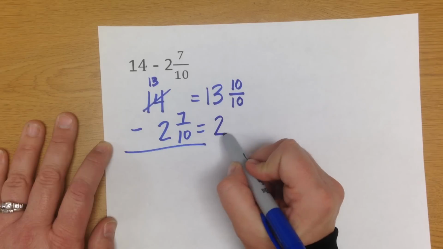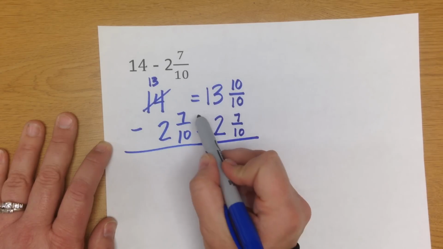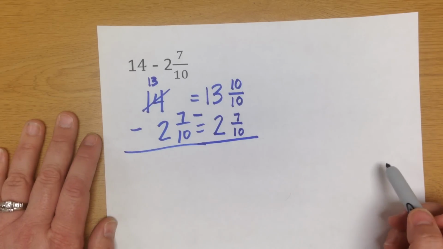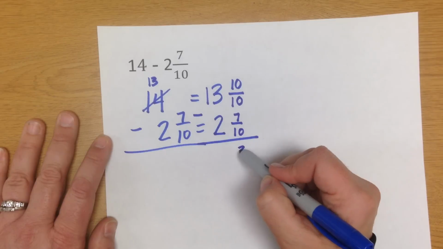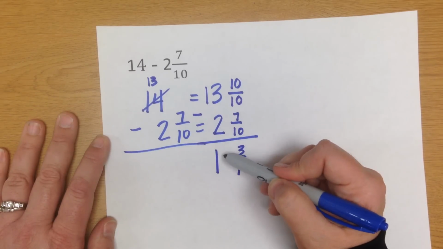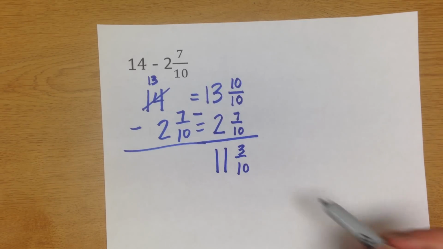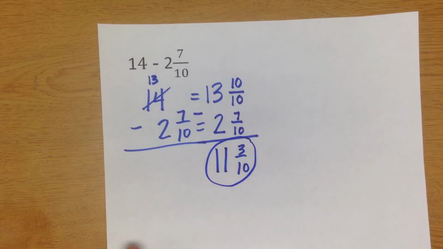I'm going to recopy the bottom number, 2 and 7/10, and now I can subtract. 10/10 minus 7/10 is 3/10. 13 minus 2 is 11. And I look, and my final answer is already here because 3 and 10 have no common factor except for 1, so I'm in simplest form.